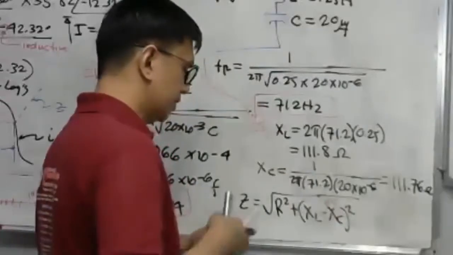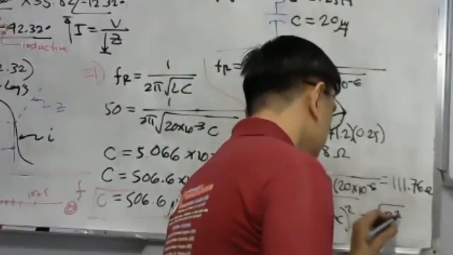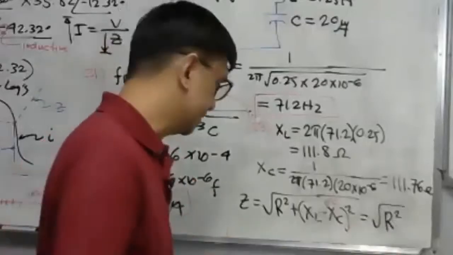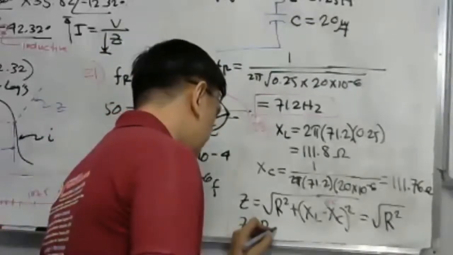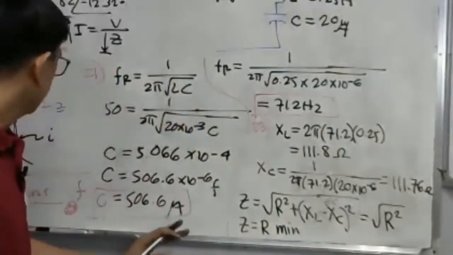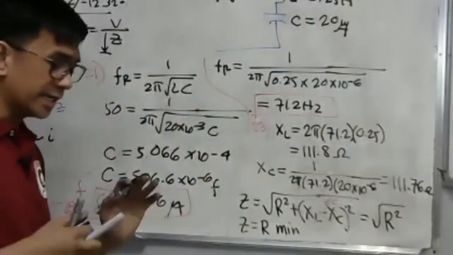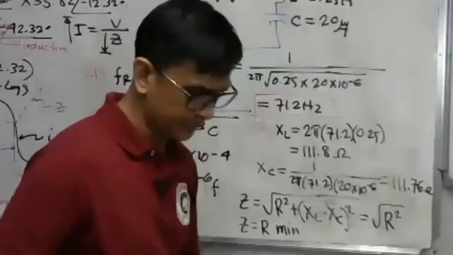So that will just become the square root of R squared, which is simply equal to R. So therefore, Z is equal to R. That is why our impedance is minimum during the resonant frequency.